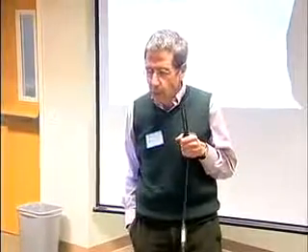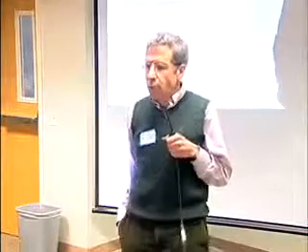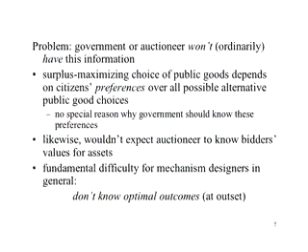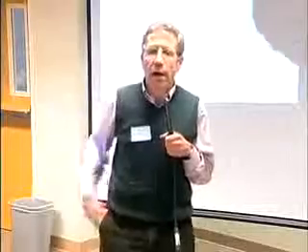But the whole problem with achieving optimality, and what gives mechanism design some theoretical interest, is that presumably the government and auctioneer will not usually know enough to determine the outcome in advance.